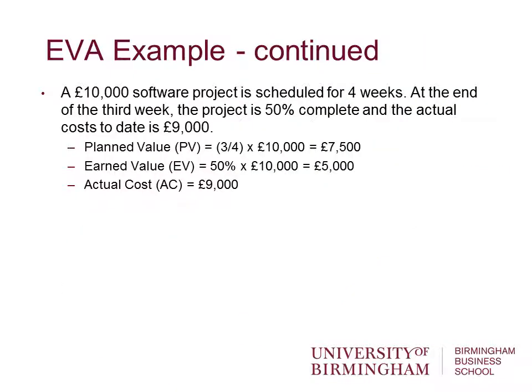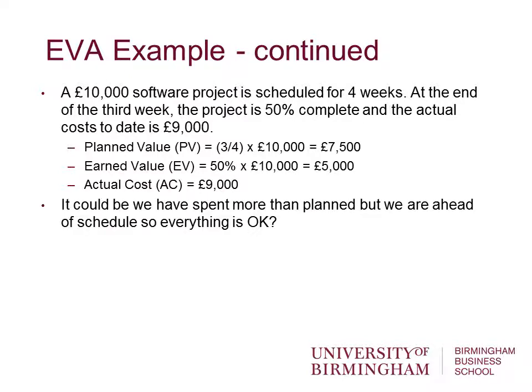Okay. So let's go back to our example. We've established that the planned value is £7,500, the earned value is £5,000, and the actual cost is £9,000. So we can now work out the cost and schedule variance. Are we ahead of schedule? If so, everything's okay. Are we behind schedule? If so, then we're in problems. Schedule variance is earned value minus plan value: £5,000 minus £7,500.